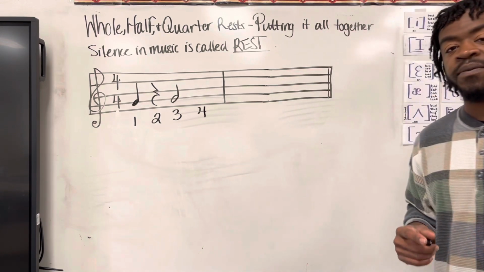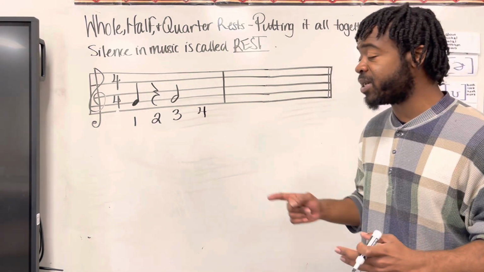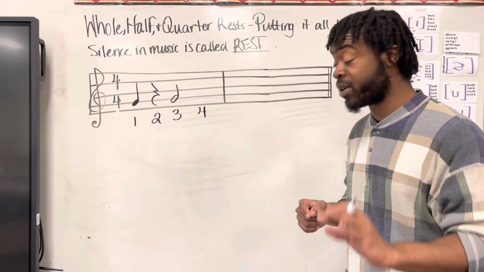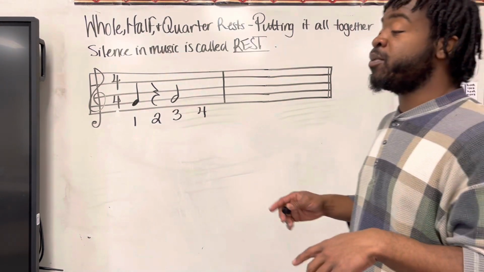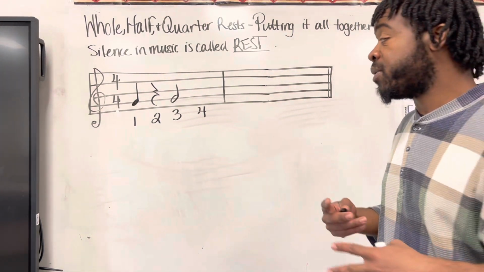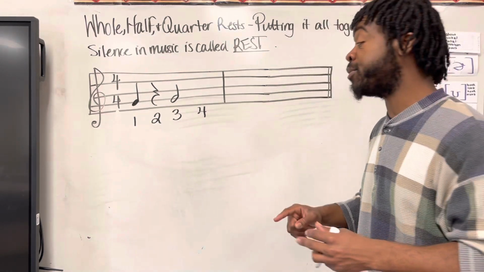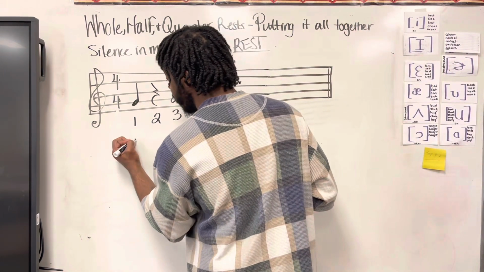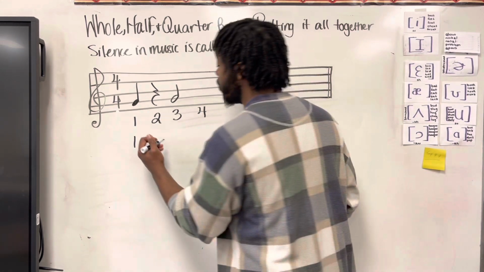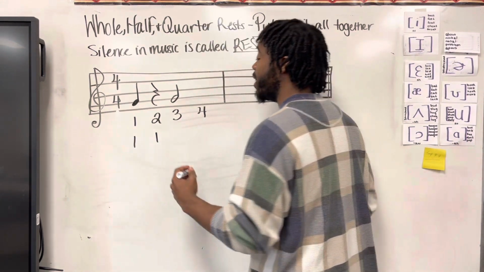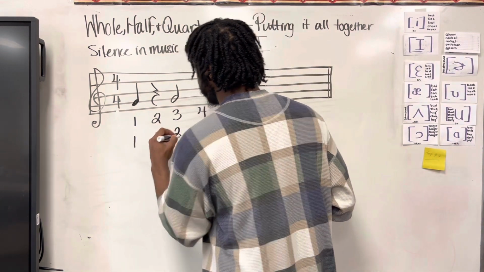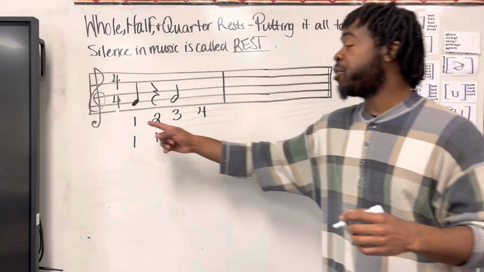I think what really confuses people a lot of times when it comes to this, sidebar really quick, I'm digressing, is what most of my students do when they get something like this. I could say that this is how it's supposed to be written, but what they'll do is, well, I know a quarter note receives 1 beat, I know a quarter rest also receives 1 beat, and a half note receives 2 beats, so I'm gonna just put 2 here. But that's not how you mark it out.